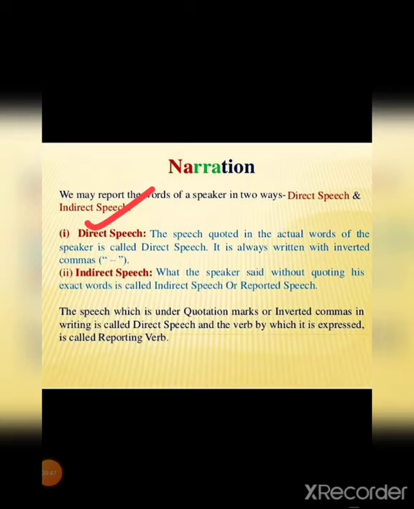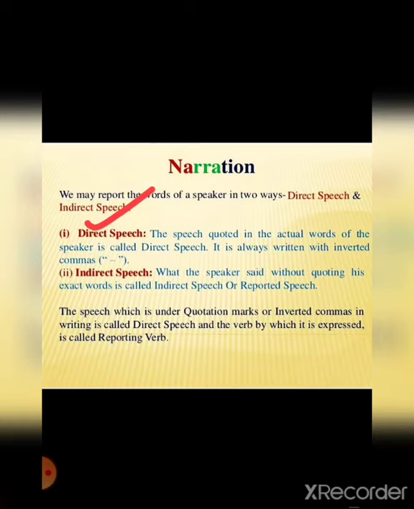The speech quoted in the actual words of the speaker is called direct speech. That means whatever I am telling to you, suppose I am telling you "sit down." So "sit down" is within inverted commas. When inverted commas are used, that means the exact words of the speaker are mentioned.